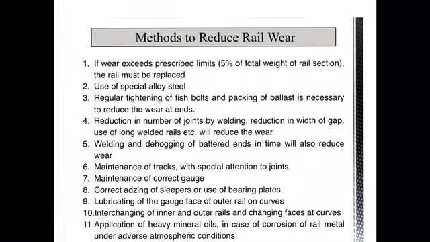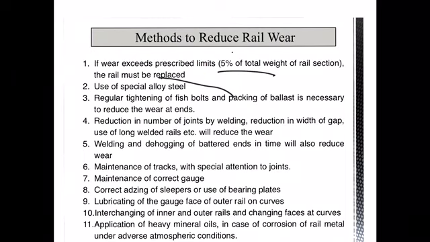Now we'll discuss the various methods to reduce the rail wear. We know that the rail wear should not be more than 5% of the total weight of the rail section. Whenever you find the rail exceeds the prescribed limits, that rail must be replaced.